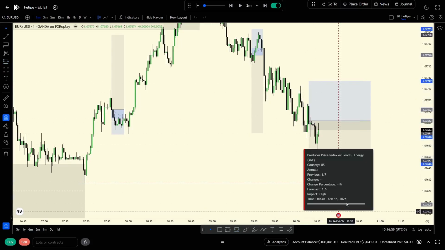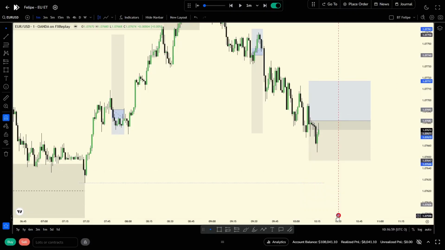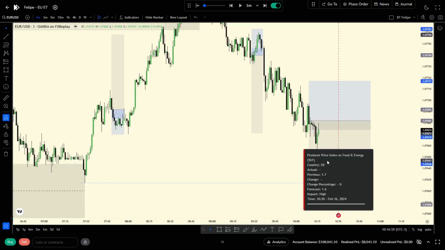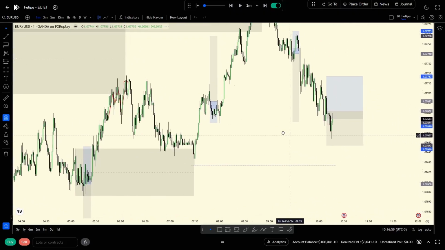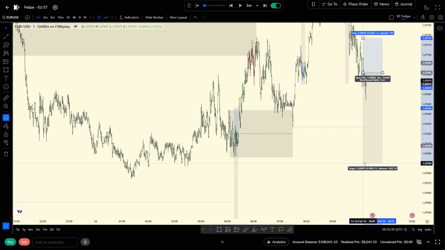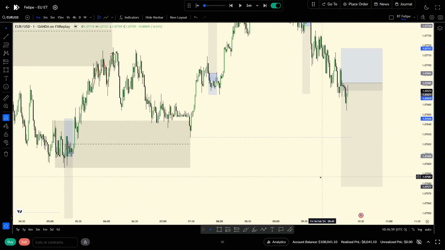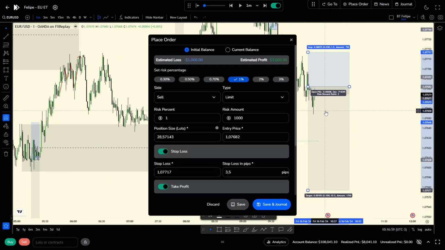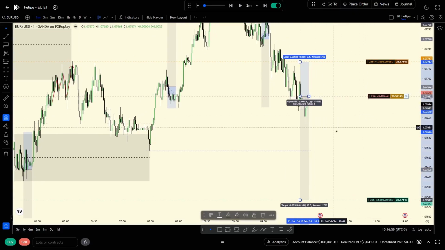The only problem is this news. Producer price index. I don't think this one makes the price move too much. Well, let's try. It's only backtest.